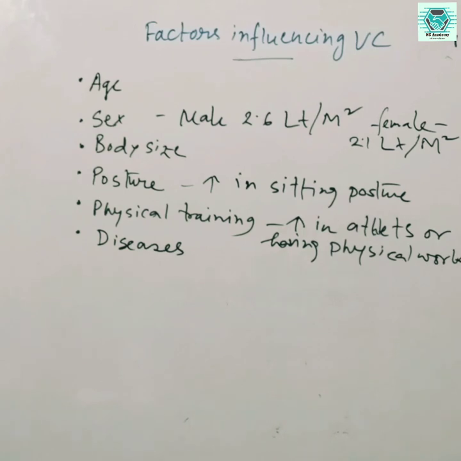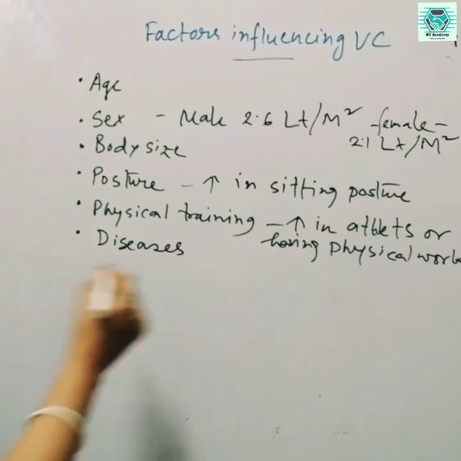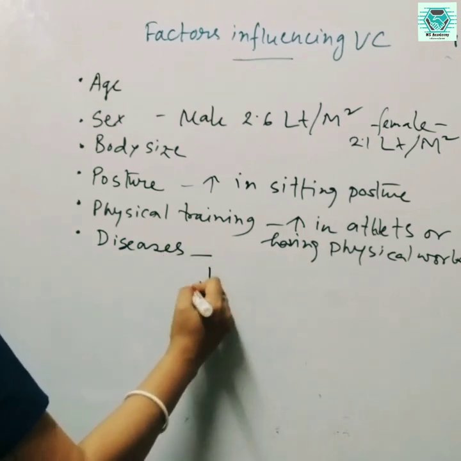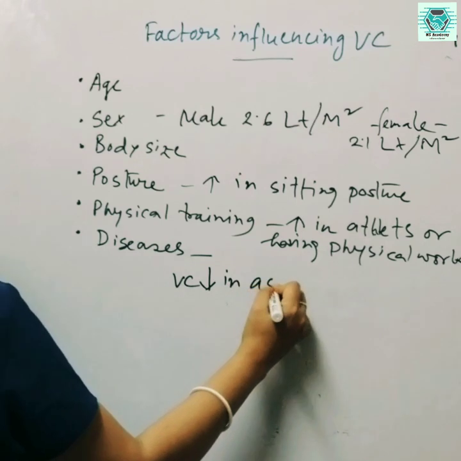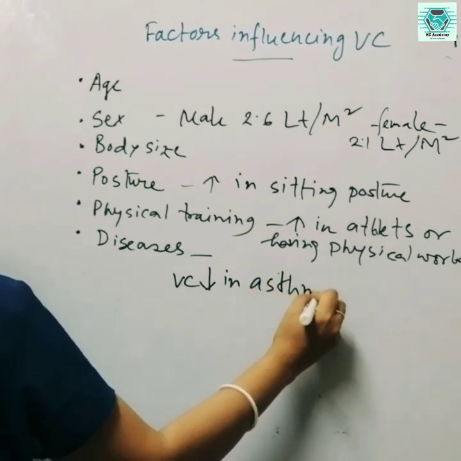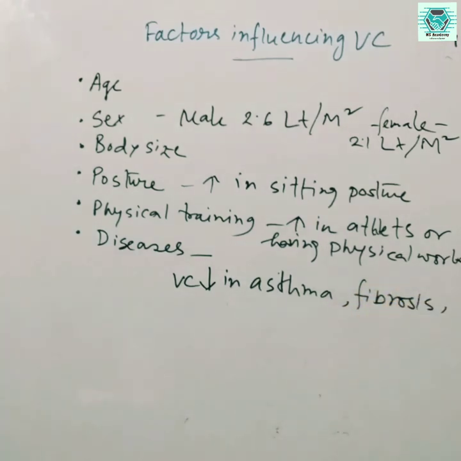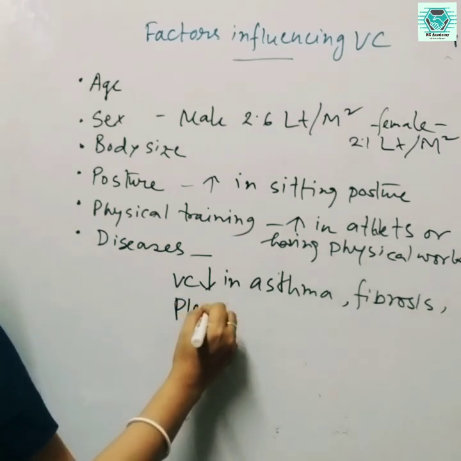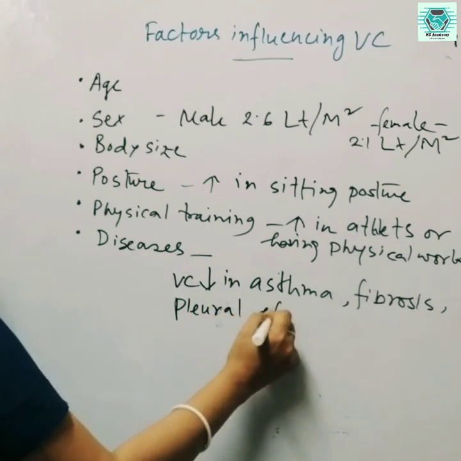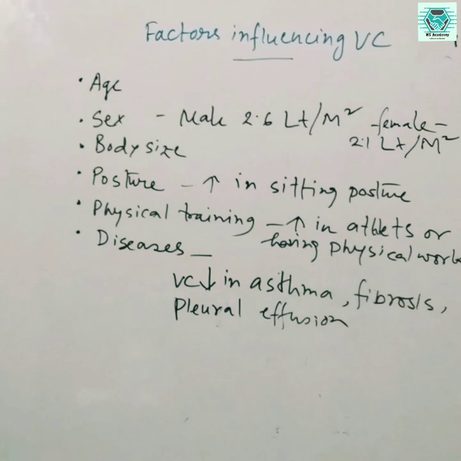In various diseases of the chest and lung, the vital capacity decreases. It decreases in asthma, pleural effusion, fibrosis, etc. VC also decreases in pregnancy, which is a physiological condition.